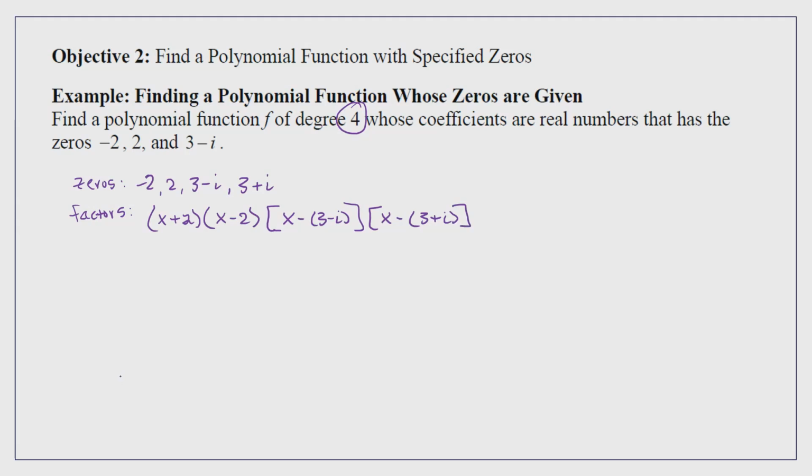So now we can simplify this. f of x is going to equal x plus 2 times x minus 2 times x minus 3 plus i times x minus 3 minus i.